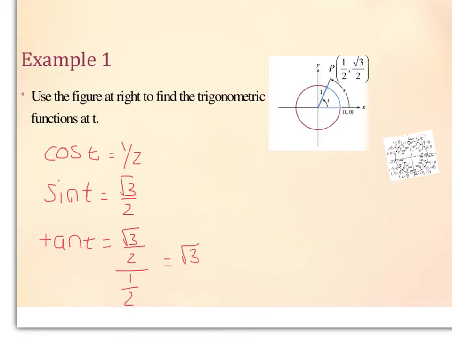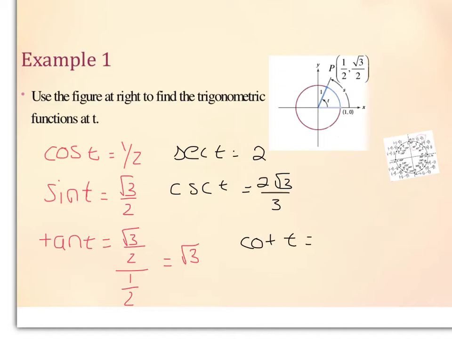The reciprocal of cosine is secant of t, so flip it over, you get 2. The reciprocal of sine is cosecant. Flip it over, you get 2 root 3 over 3. Remember, rationalize that denominator. The reciprocal of tangent is cotangent. Flip it over, you're going to get 1 over root 3, but you need to rationalize that denominator, so you're going to end up with root 3 over 3.